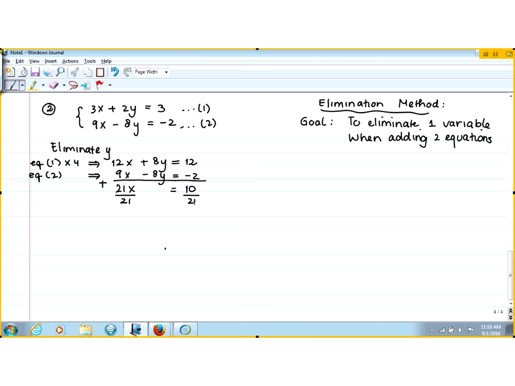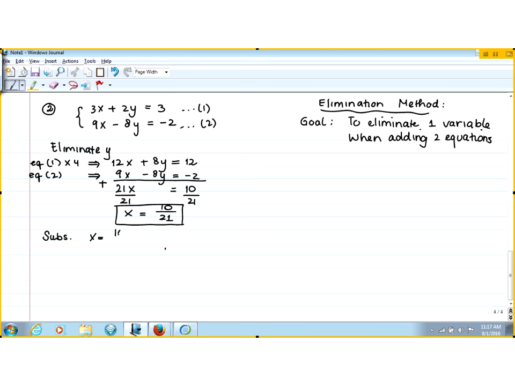All right. How do we solve for x? Divide by 21 on both sides. So you could write it if you like. So what is x? 10 over 21. Yes? Okay. Can we make it smaller? Can we reduce this 10 over 21? No, so we're good. So how do we solve for y?